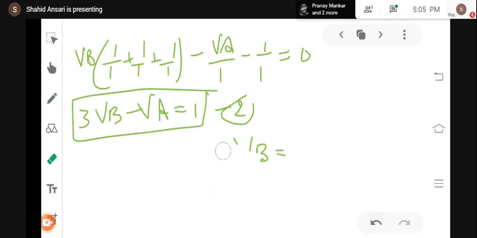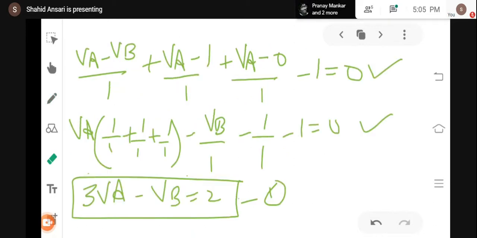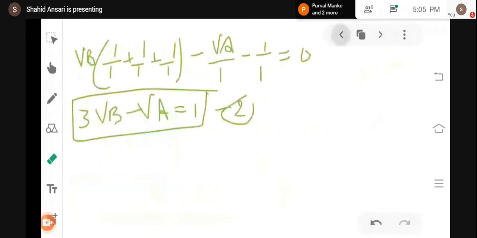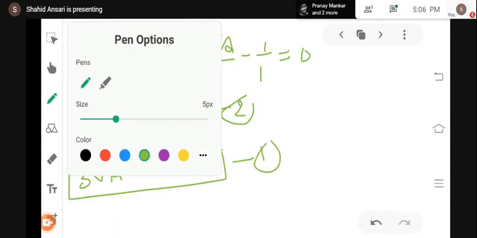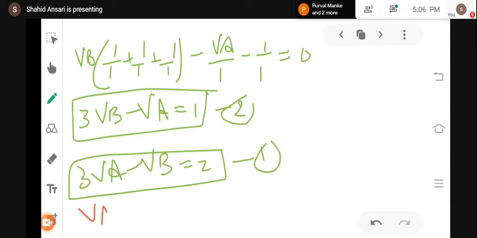Let me write 3VA minus VB equals 2; this was your equation number 1. Now find out the values of VA and VB. VA is 7 by 8 and VB is 5 by 8.